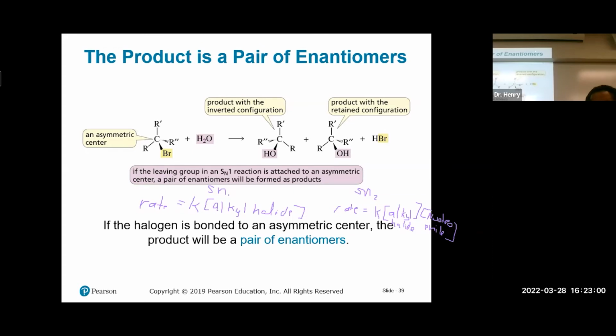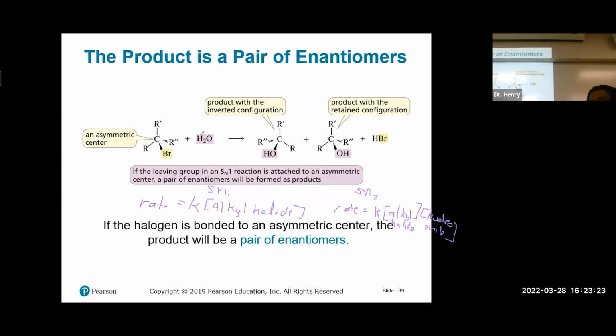Okay, so in the case that we have an asymmetric center, and we have an SN1 reaction occurring, we're going to get both products, right?